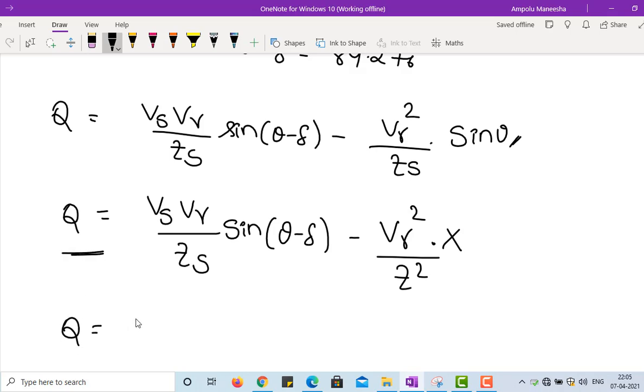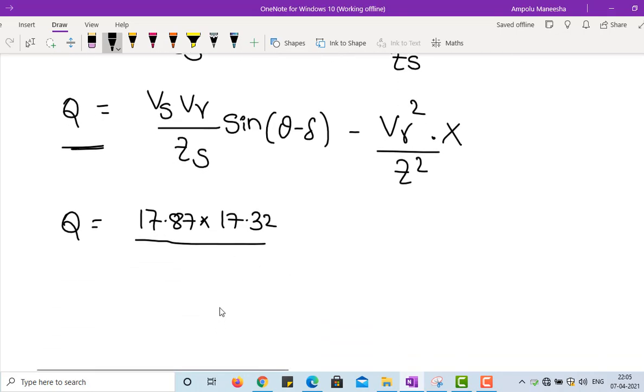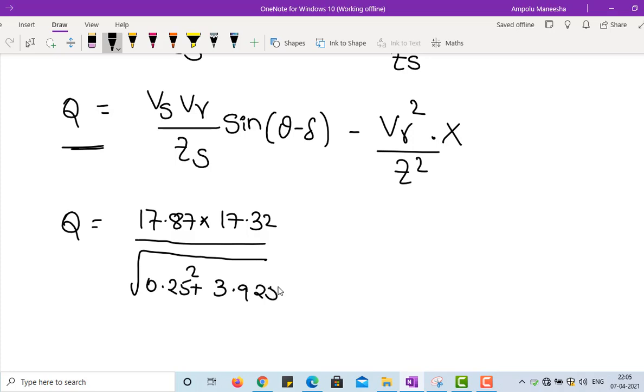Q is equal to Vs, how much it is given? 17.87 into VR is 17.32 divided by root over R square plus x square, right? That is root over 0.25 square plus 3.925 square into sin theta minus delta.